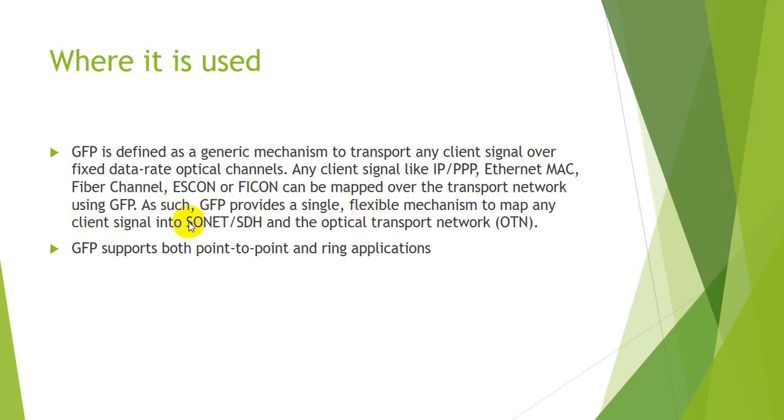So you can say the famous transport technologies, SONET in America, SDH in the rest of the world, and then OTN, which is available everywhere. GFP also supports major requirements of transport control and protection or resiliency, as it is point to point and can work in a ring.